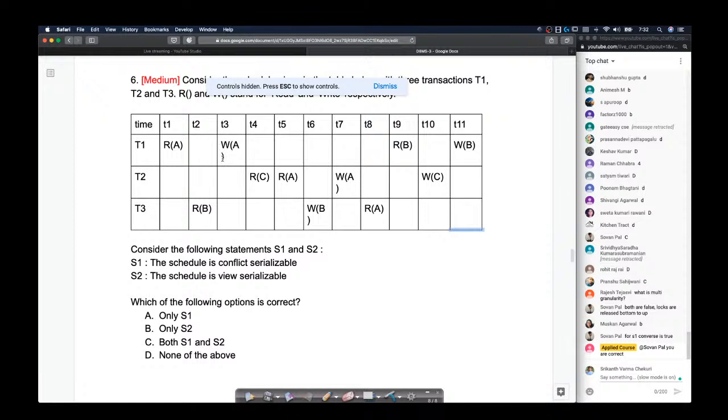This is A. I hope that part is clear. Again, please read all the options very carefully. This is all about conflict serializability and view serializability.